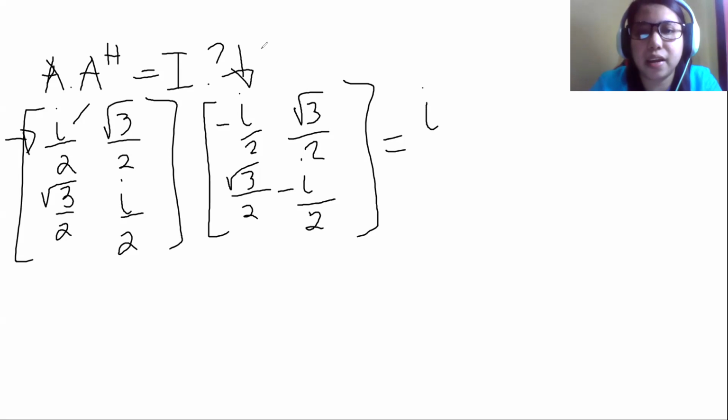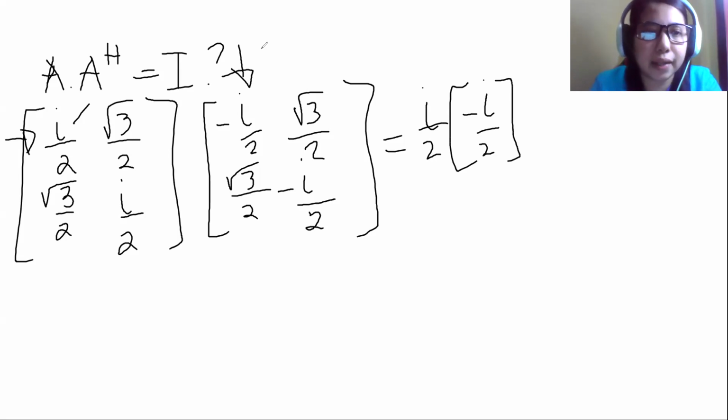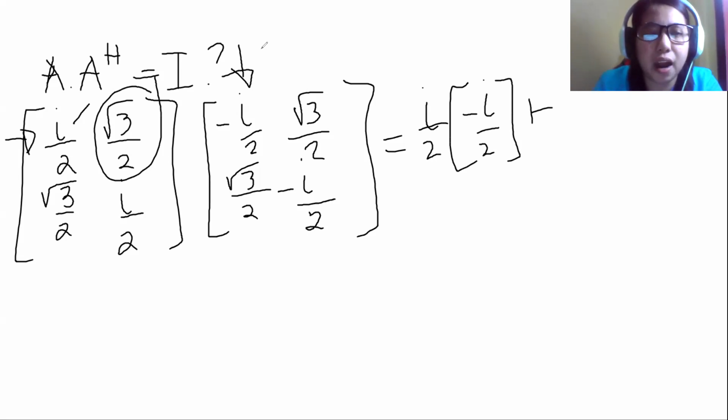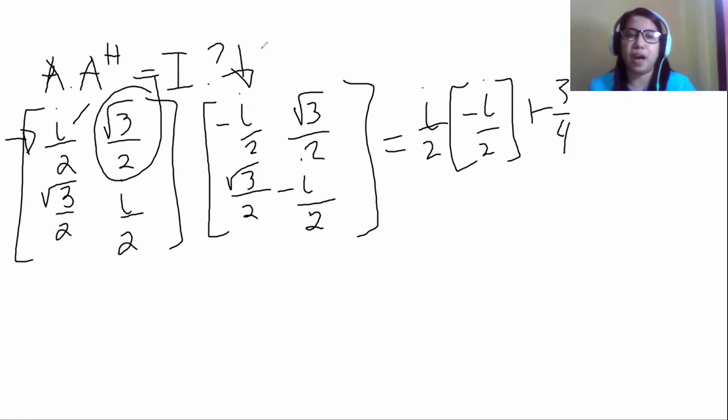So i/2 multiplied by negative i/2, and then plus square root of 3 halves multiplied by square root of 3 halves is 3/4. So we have actually i squared over 4.